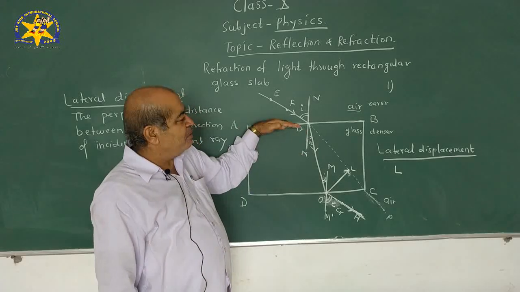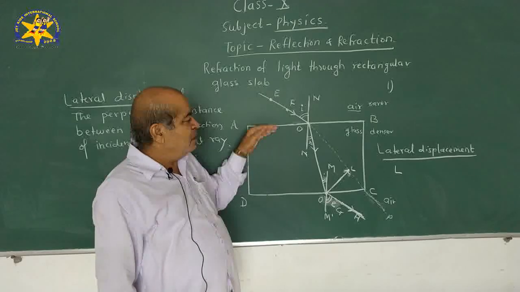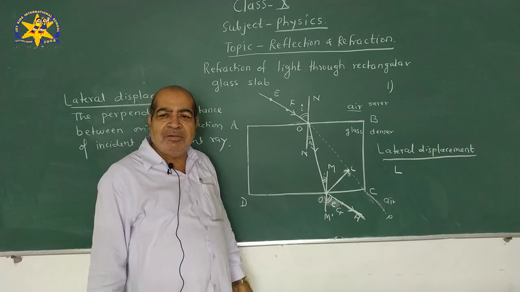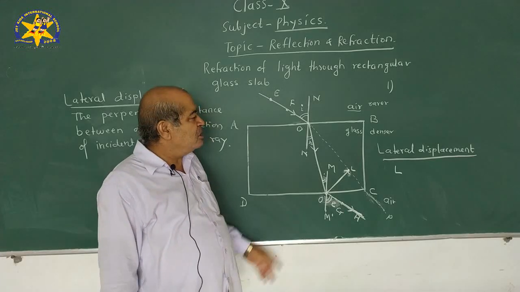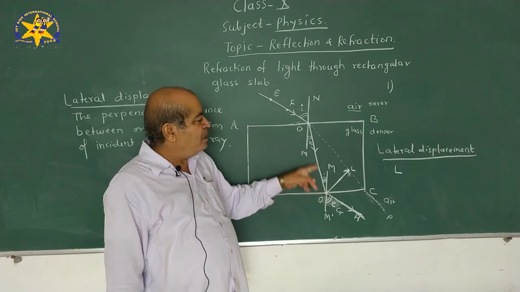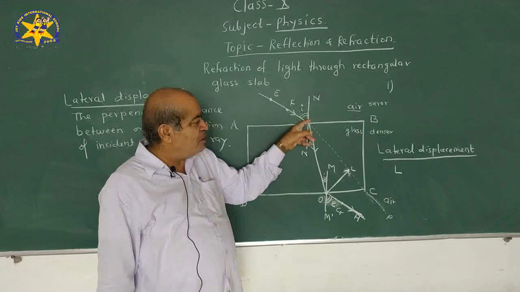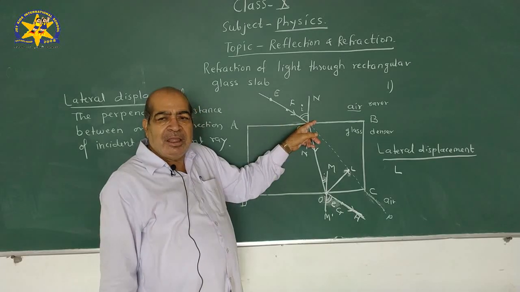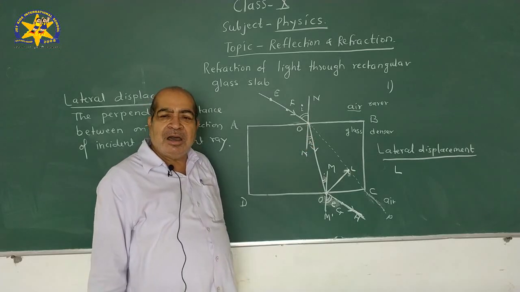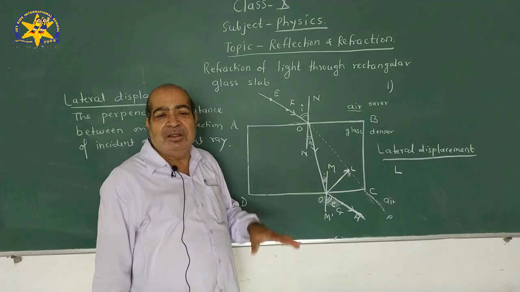AB is the surface which separates the two media, air and glass, hence it is called the interface. The first law of refraction is that the incident ray, the refracted ray, and the normal drawn to the interface of two media at the point of incidence always lie in the same plane.